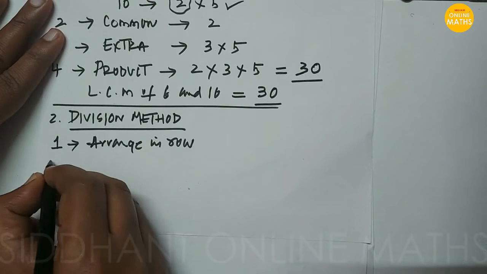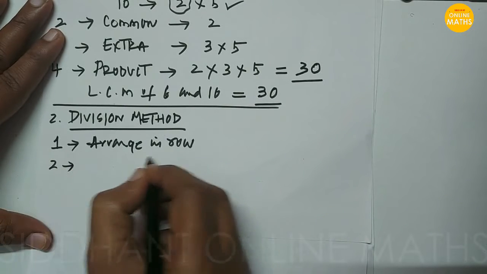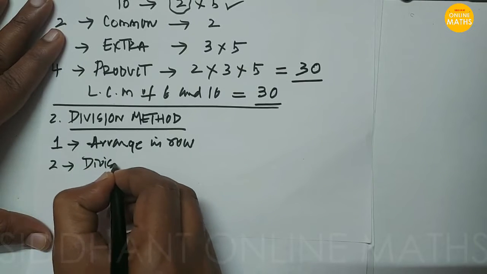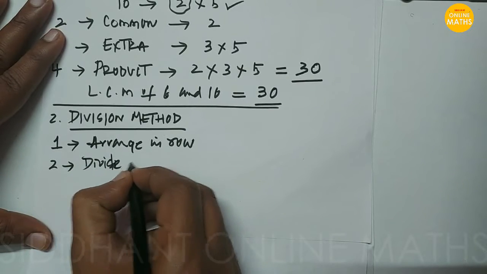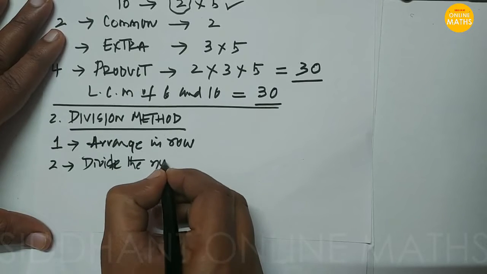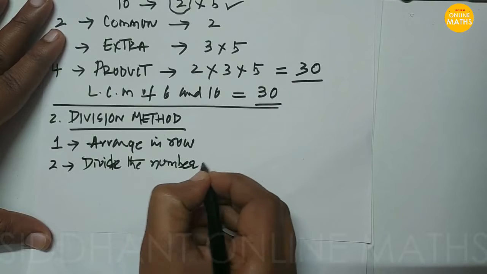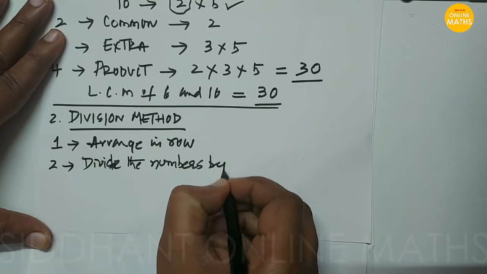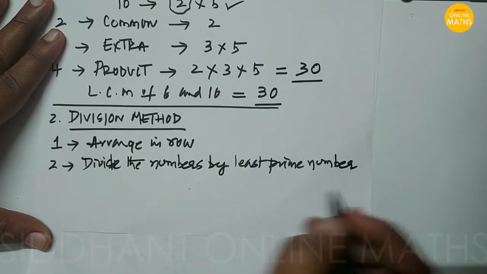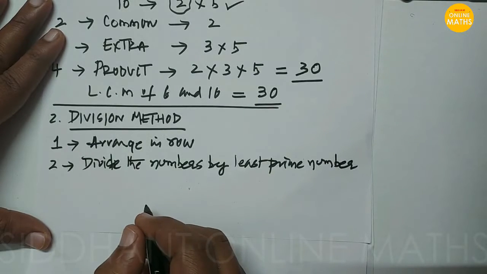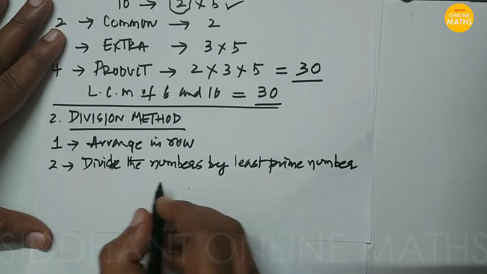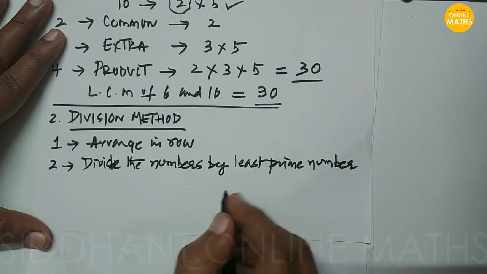After that, the second step, we divide the numbers by the least prime number. So here we say at least 2 numbers should be divisible.